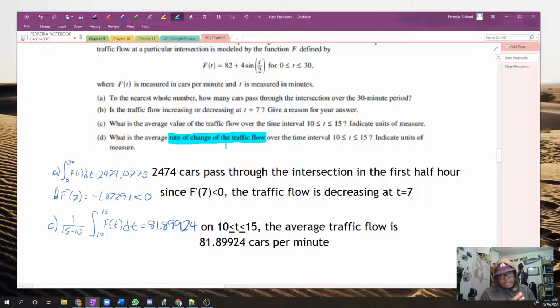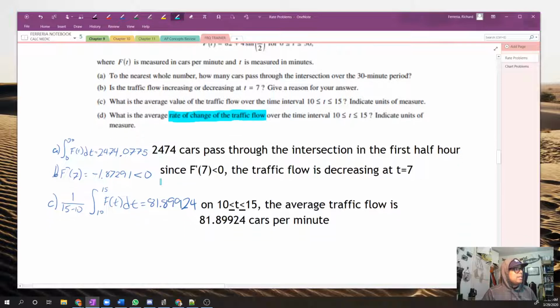So now you've got to think, what is the rate of change of traffic flow? Well, what is the rate of change of anything? It's the derivative. So if you want to find the average rate of change of traffic flow, well, that's the average of the derivative of traffic flow. Oh, now it's making sense.